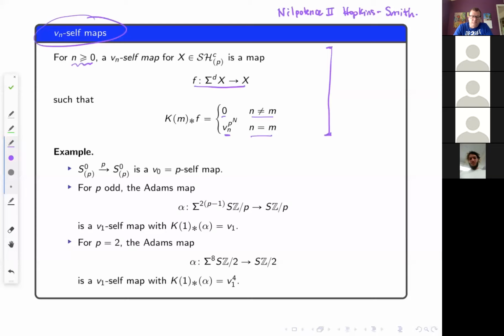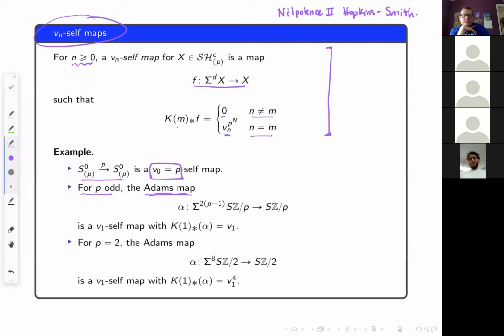For example, multiplication by p on the p-local sphere is a V0 self-map because V0 is p. If you check, for n bigger than 0, multiplication by p is 0, and rationally it's multiplication by p, which is multiplication by v0.